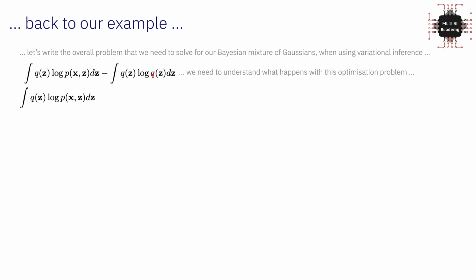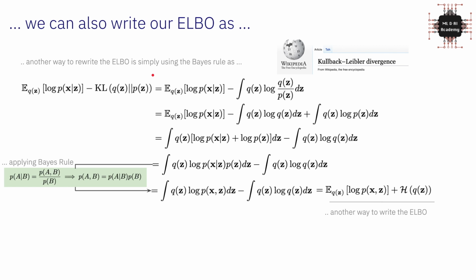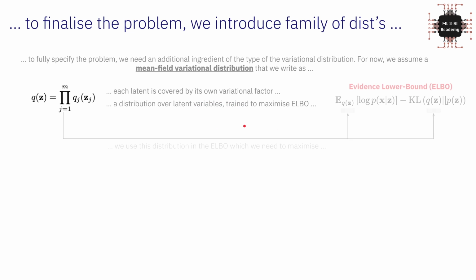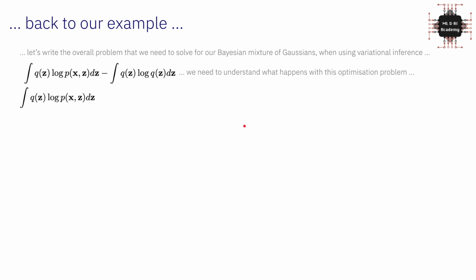Right, so now please recall that in one of the equations here, we were able to rewrite the ELBO as the integral of q of z log p of x and z dz, plus the entropy term. So let's start from this equation in order to plug in our assumptions and see what happens with the hard integral we had before. Remember, we had the integral of q of z log p of x and z, minus the entropy term. Now we want to understand what happens to this problem.